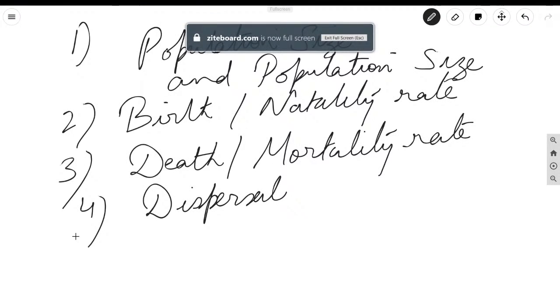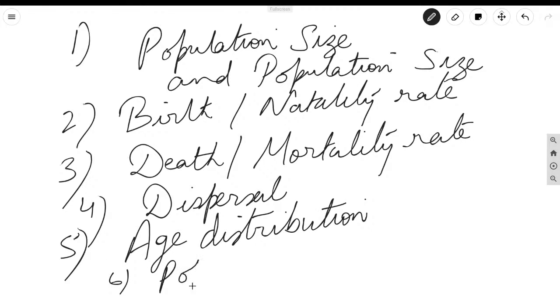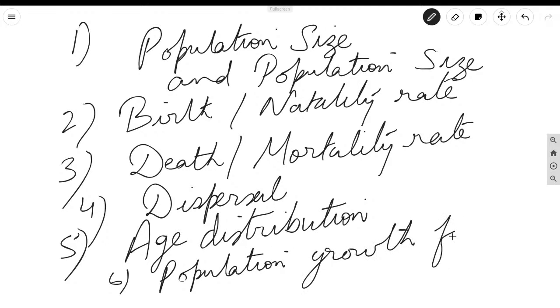Number five is age distribution. Number six is population growth form, that is the form of population growth. Then number seven is the biotic or reproductive potential.